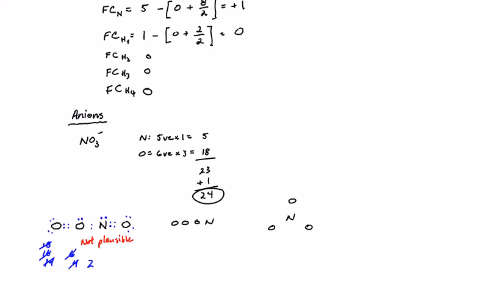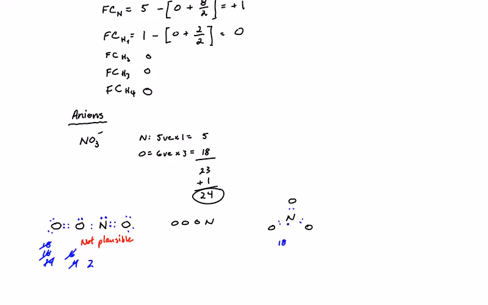Now on the far right hand side, we can put 6 electrons in where we've implied bonds. So that takes us down to 18 electrons to account for. I can see that nitrogen wants to have 3 bonds. It could have 4 bonds, but let's not worry about that yet.